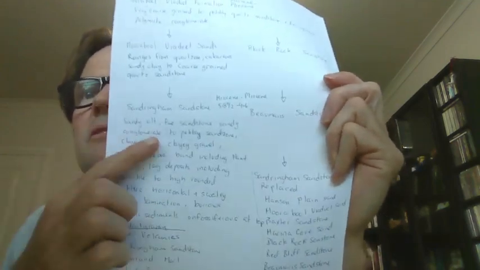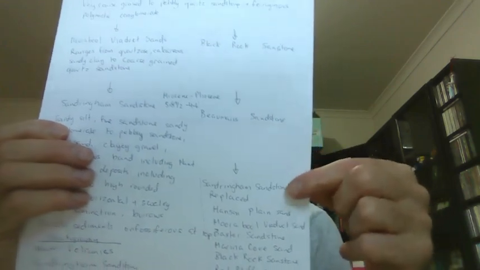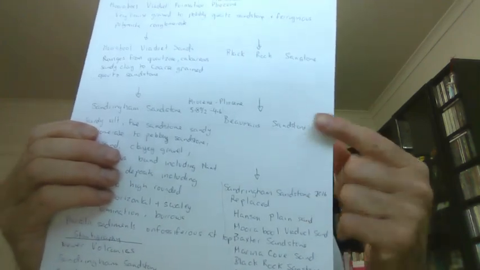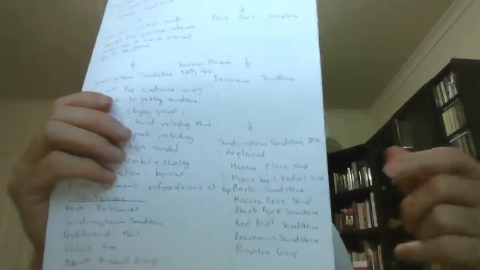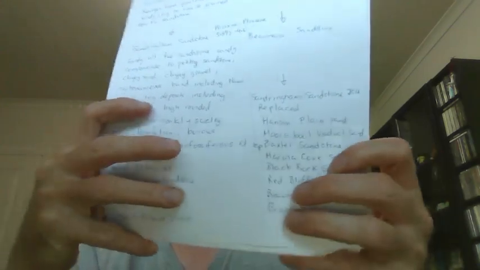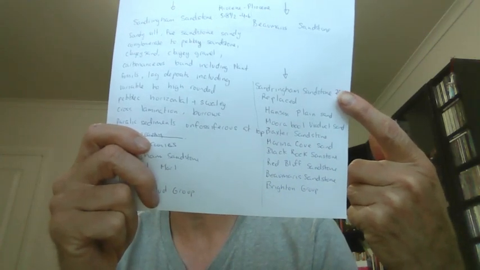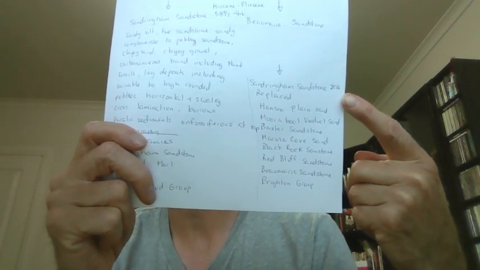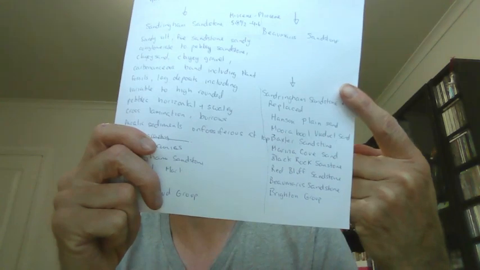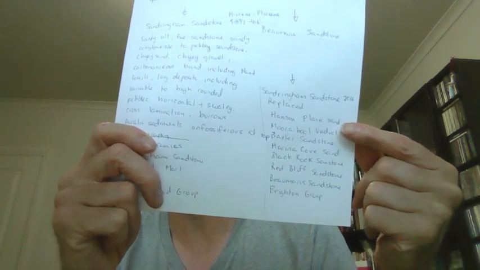So here's a pretty extensive description, and this actually gives information from different formations. Okay, I need to take my hand off. It's a bit confusing from my left and right. So, what we have here, we have the Sandringham sandstone, and in 2016, this replaced all these formations down below.